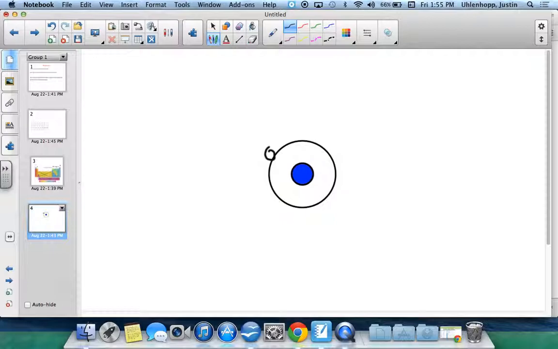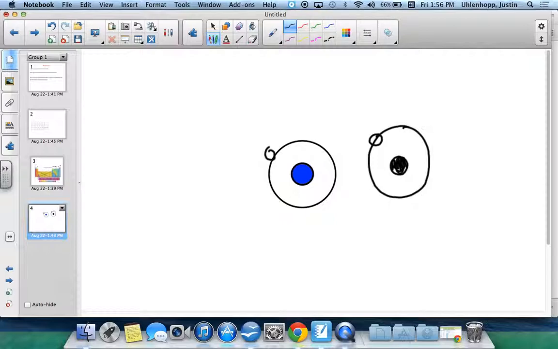So if we were to draw another hydrogen atom with its electron shell around the outside, we would see that there is only 1 electron in this shell. Well, in order to combine together, hydrogen needs 2 electrons because in shell 1 there has to be 2 electrons for it to be stable.